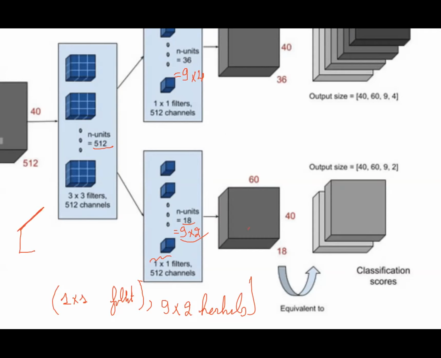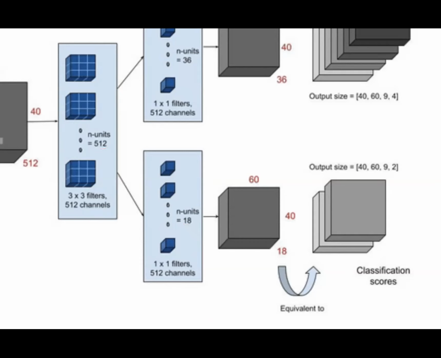This shape is more interpretable by us, right? Because it has 60 and 40, the same as the convolutional feature map. But the number of channels here is exactly what we want. So the number of channels is a number that is interpretable by us, which is 18.